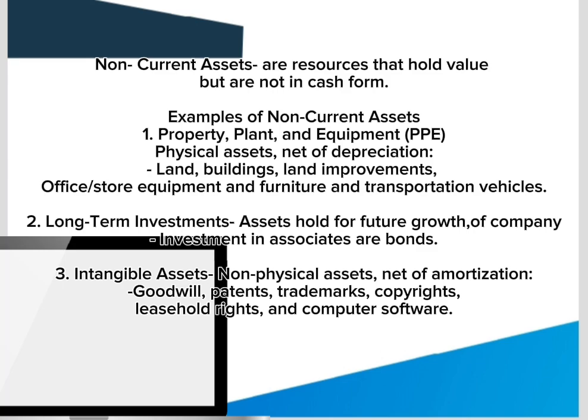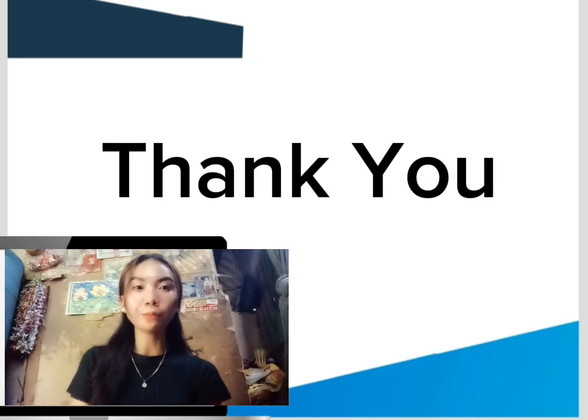PPE refers to long-term tangible assets, but intangible assets provide long-term value to business operations. Intangibles are non-physical assets net of amortization. Intangibles include goodwill, patents, trademarks, copyrights, leasehold rights, and computer software. That's all for my report. Thank you.